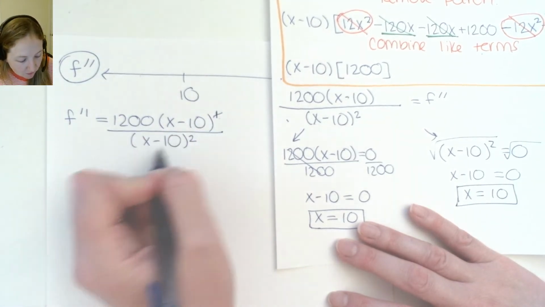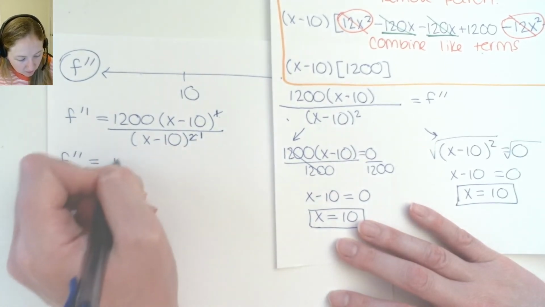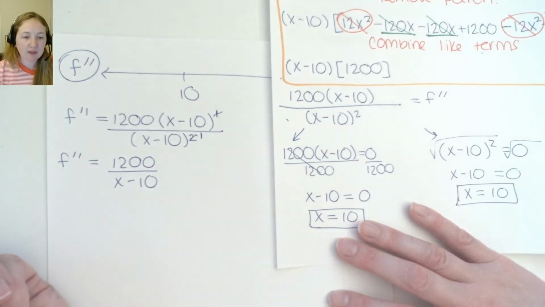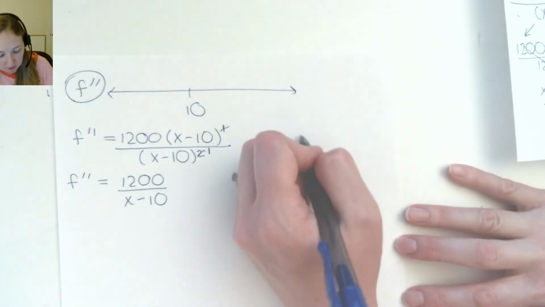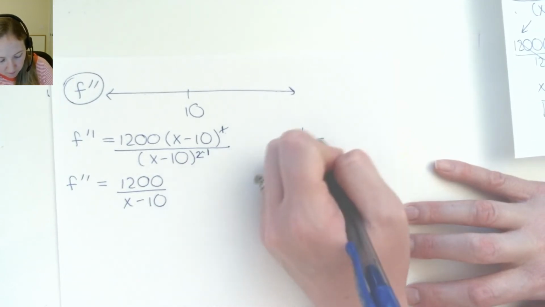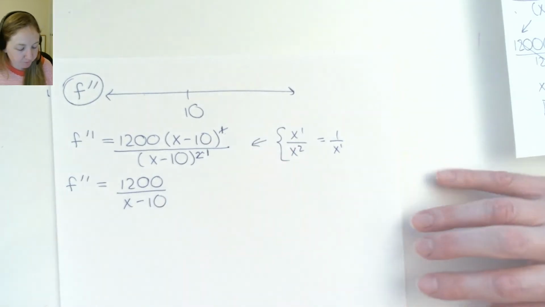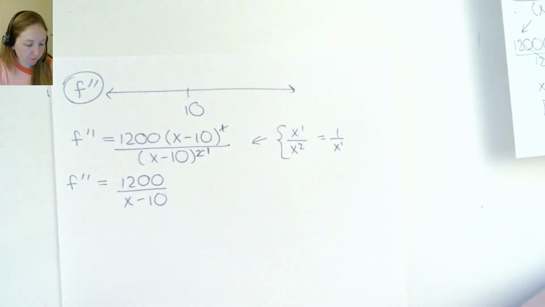So if you cancel out one of those factors, your second derivative really looks like 1200 over x minus 10. That's really your most simplified second derivative. And it's really just because you have x to the first over x squared, that would reduce to an x to the first. So that's the same idea that we're using here when we subtract those exponents.